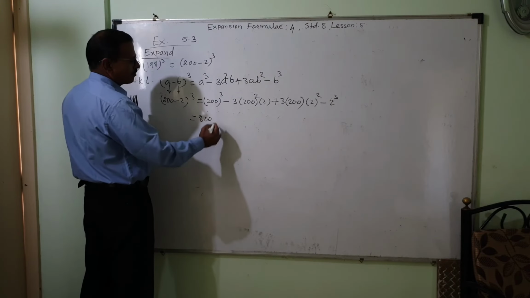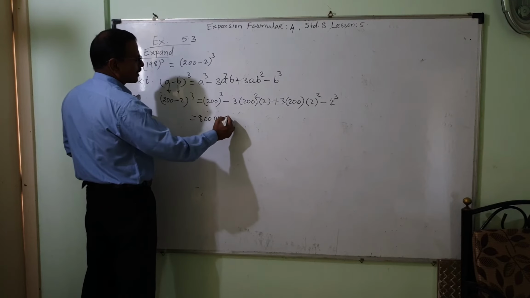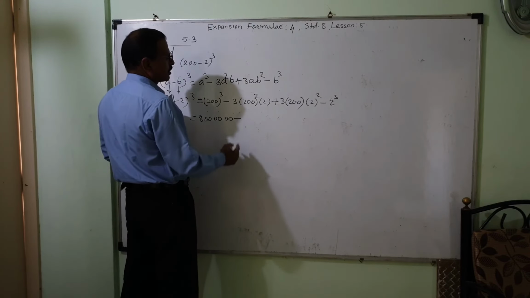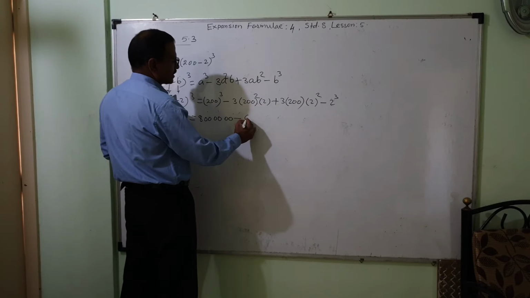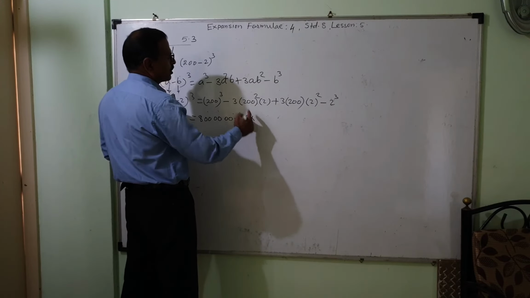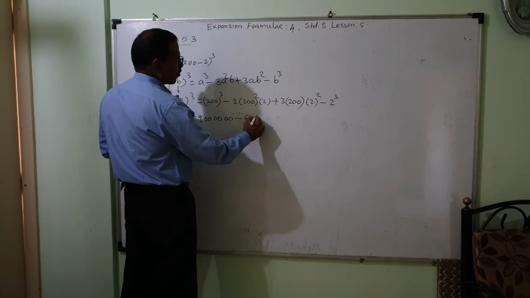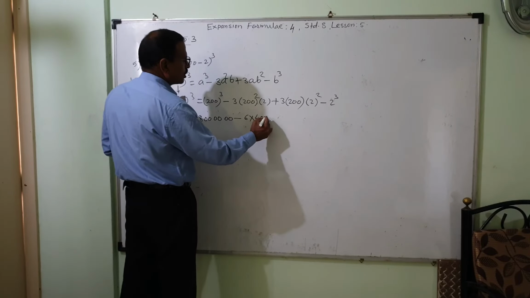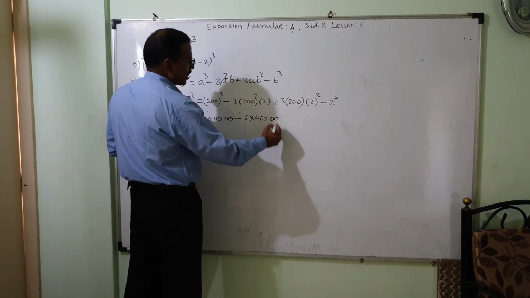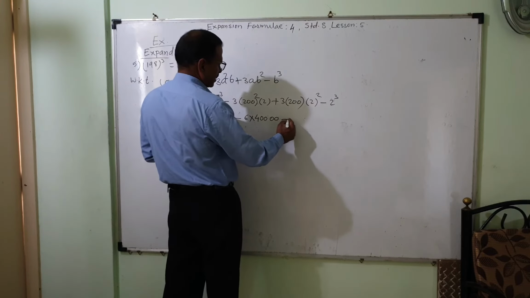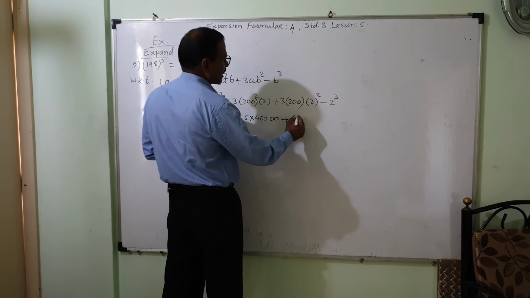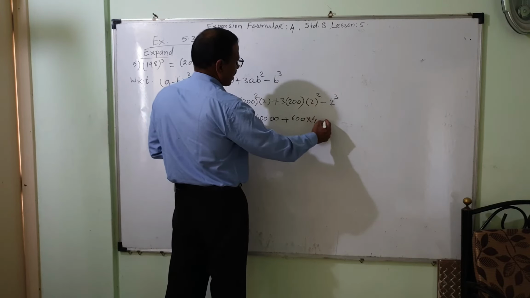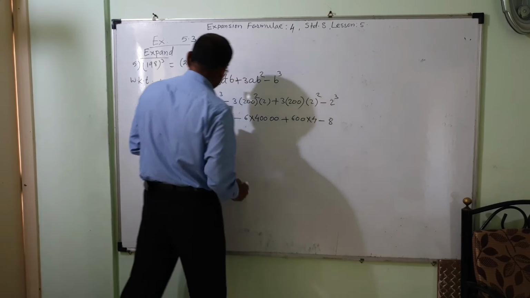Minus 3 into 2² is 4, and these two zeros will be 2 times. Plus, now this will be 600 into 2² is 4, minus 2³ is 8.